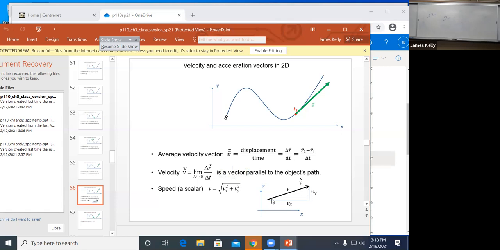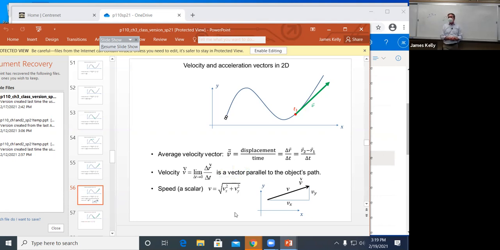This is the meaning of the x component. This is the meaning of the y component. The length of this vector is just going to be the square root of vx squared plus vy squared. So it's a little bit more complicated than it was in one dimension. In one dimension, we just said, if you have vx, the speed is just throw away any minus signs. But here I have to be a little bit more creative. I have to use the Pythagorean theorem.